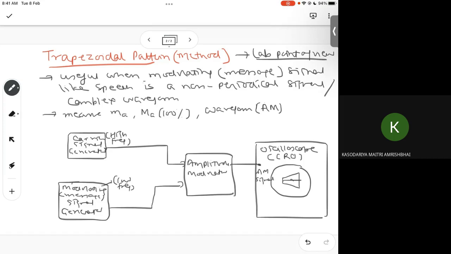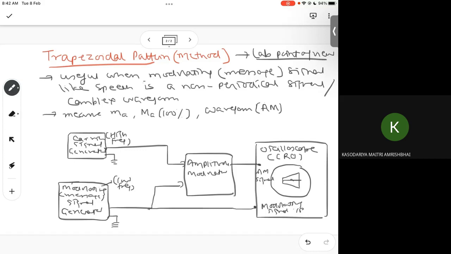And this modulating signal generator also goes to the oscilloscope, so one signal goes here and another signal goes here, which is called the modulating signal input. So this is the typical procedure. Obviously, there is a ground here, and similarly a ground here, to make the story complete.